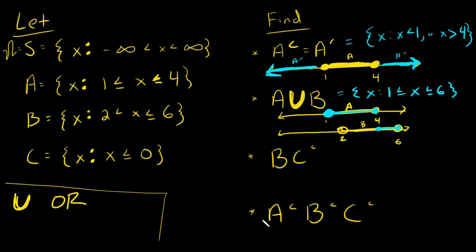All right. Now moving on to the next question, we have B intersection C complement. All right. So I didn't write the intersection. Intersection is like an upside down U. So B intersection C complement, right? So this guy, intersection means and.